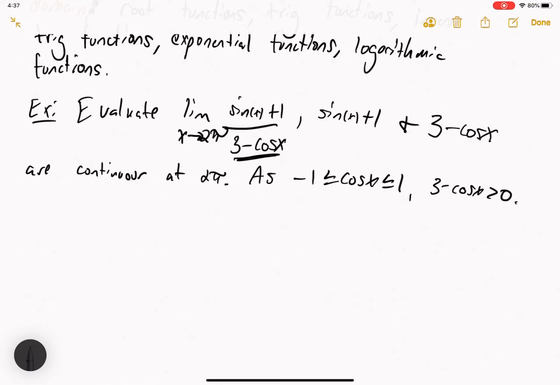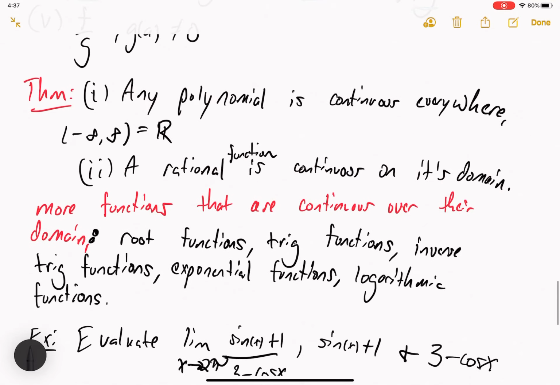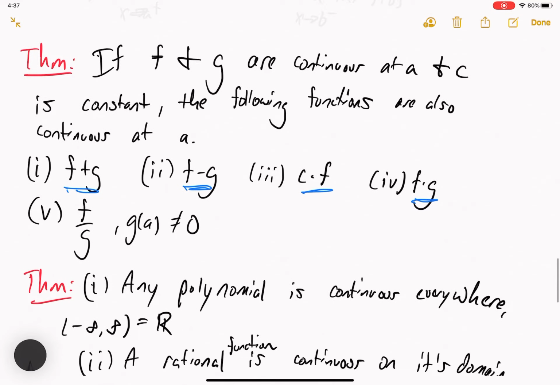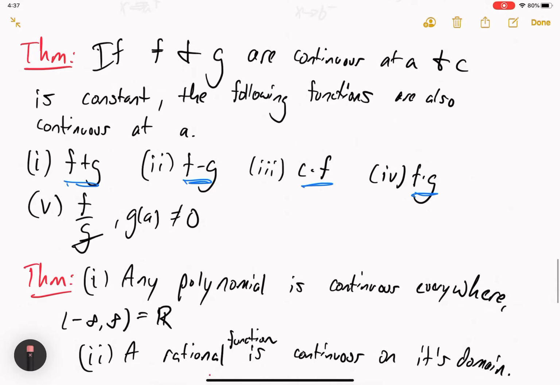Because of that, we can use the previous theorem some more. You could say it's a rational function, or we could appeal to the fact that f divided by g is continuous when g of a is not equal to 0.